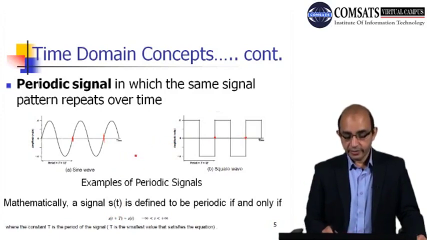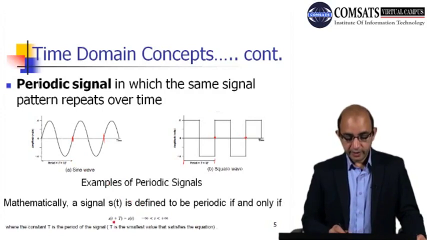Here you can see that this is the period, because in this much amount of time the signal repeats itself. Again here we have the period for the analog periodic signal.